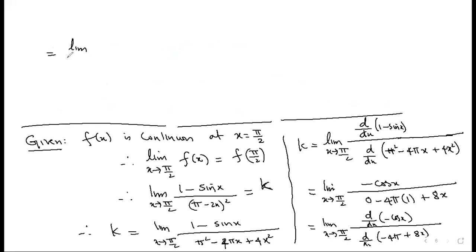Limit x tending to pi by 2 of sin x by 8. The derivative of minus cos x is sin x, and it becomes 8. Now substitute, sin pi by 2 upon 8, so 1 upon 8. So k is equal to 1 by 8.